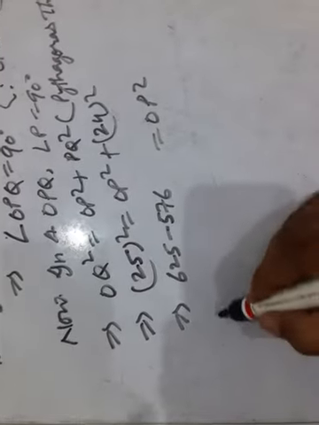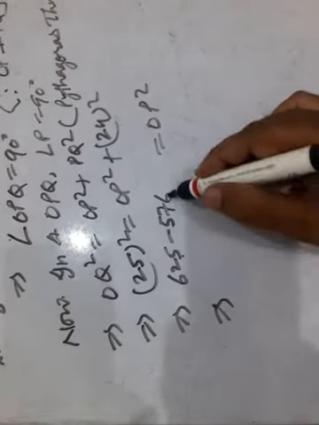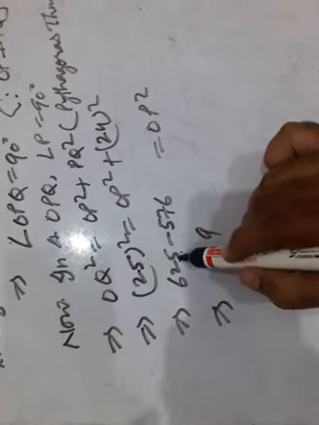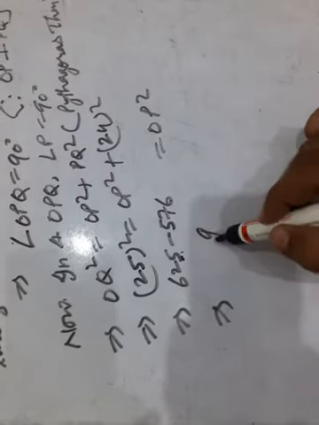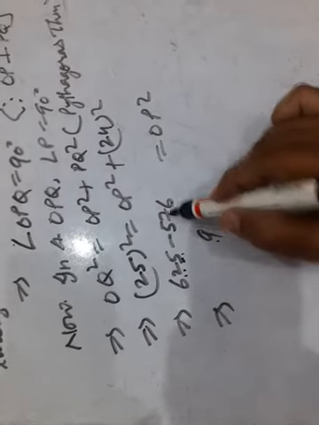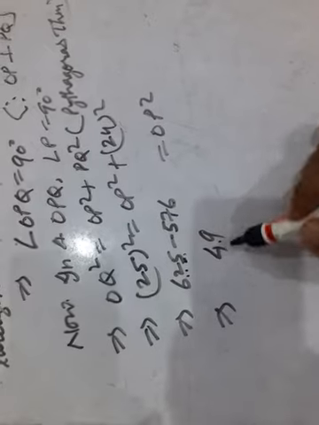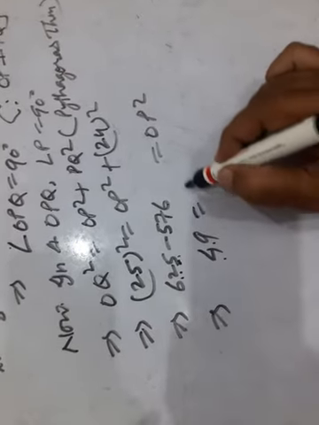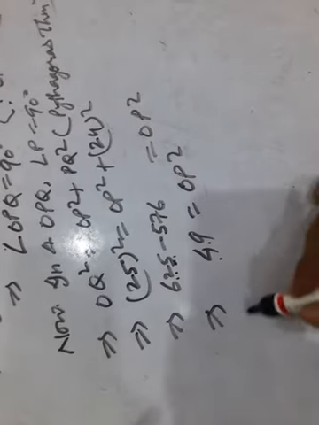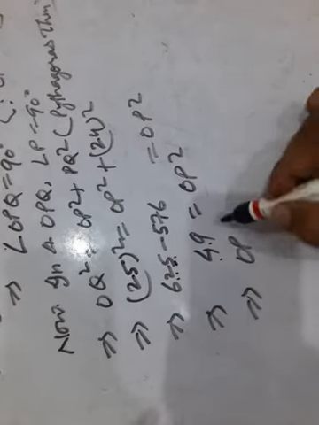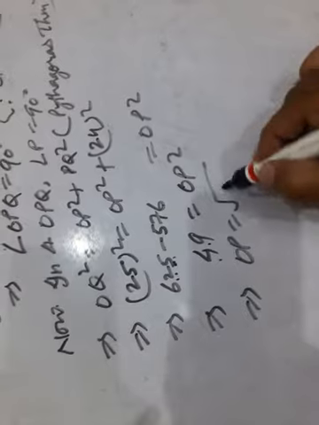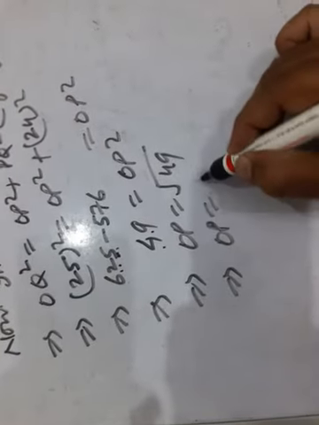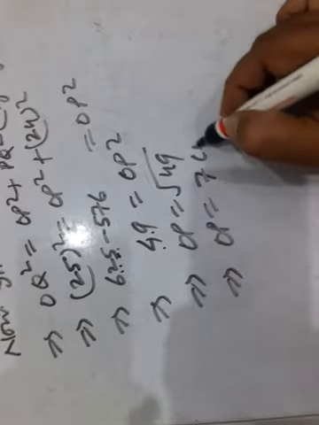Subtracting: 15 minus 6 equals 9, 11 minus 7 equals 4, and 5 minus 5 equals 0. That is OP square equals 49. This implies that OP equals under root 49, so OP equals 7 centimeter.